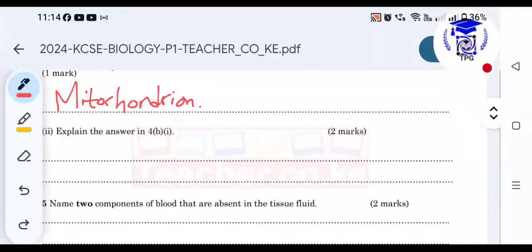Explain the answer in 4b above. I think we've already explained it.